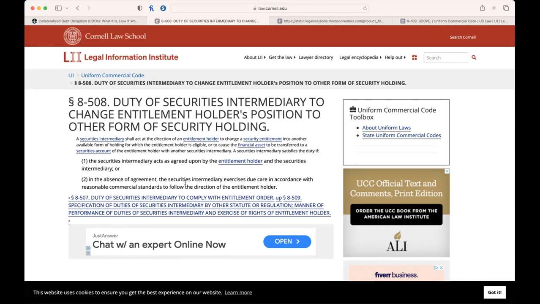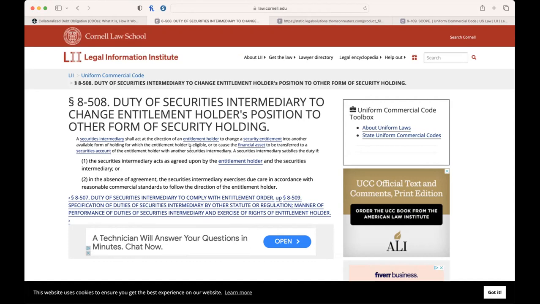So it says to change the security entitlement into another available form of holding for which the entitlement holder is eligible. Look at that right there. It is eligible, or to cause the financial asset to be transferred to a securities account of the entitlement holder with another securities intermediary.